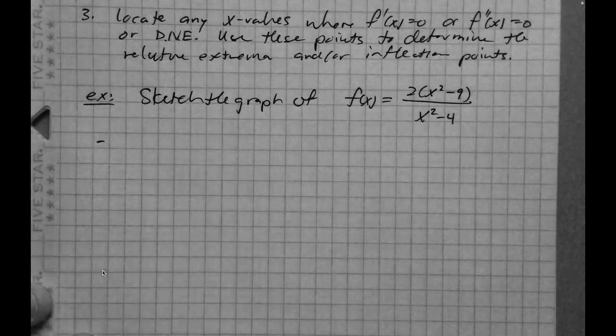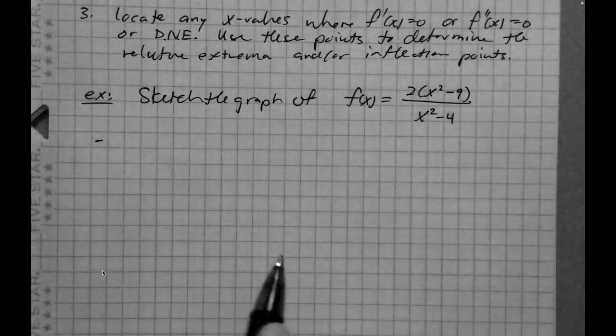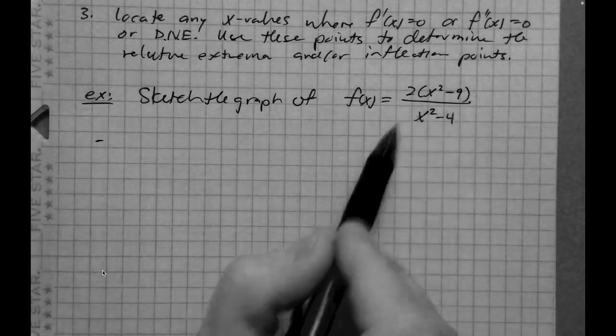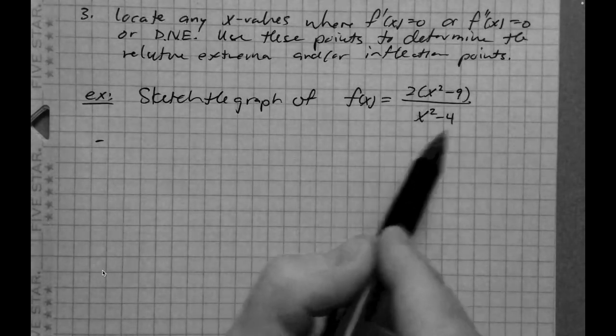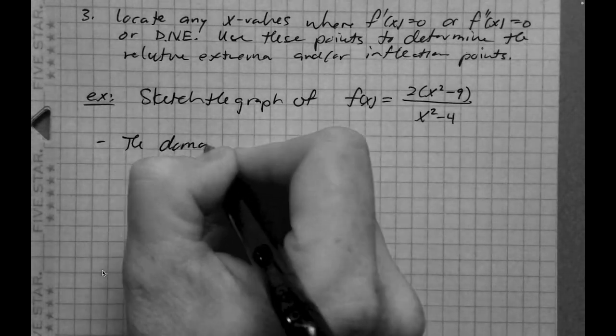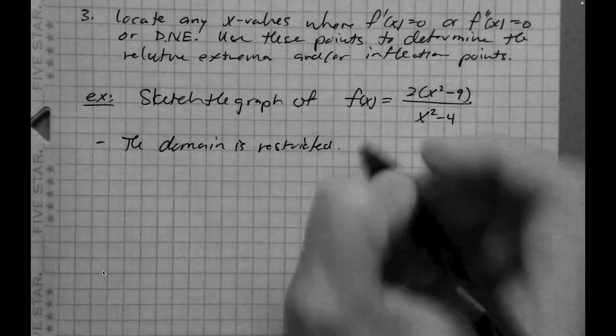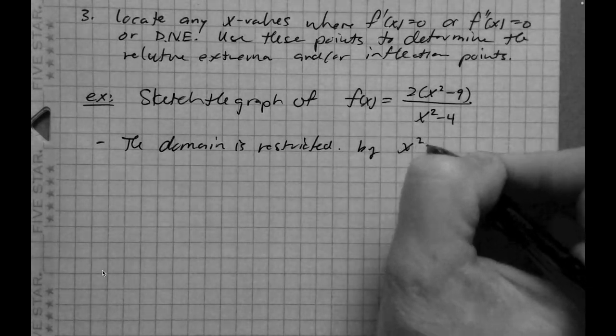So first off, let's think about the domain of the function. Well, it's a ratio of 2 polynomials. So the top can be any real number, but the bottom, we do have some restriction on the domain, right? So the domain is restricted by x squared minus 4.